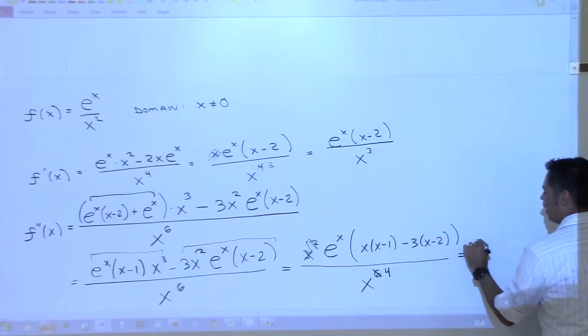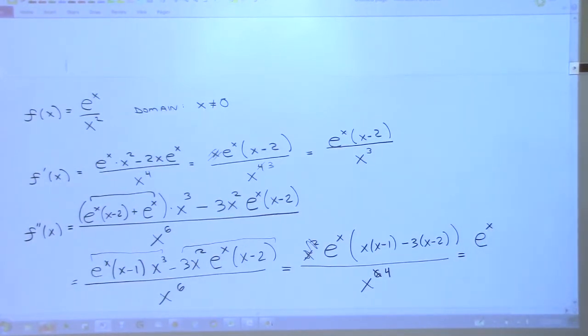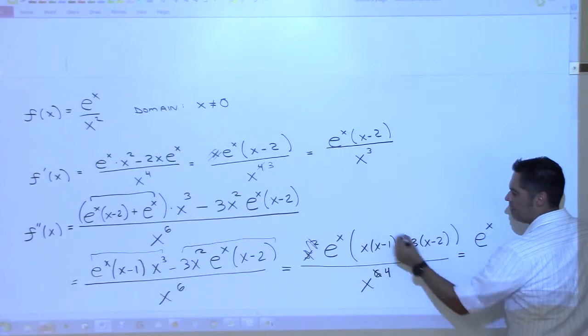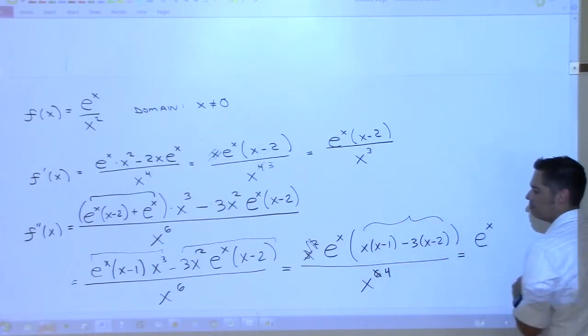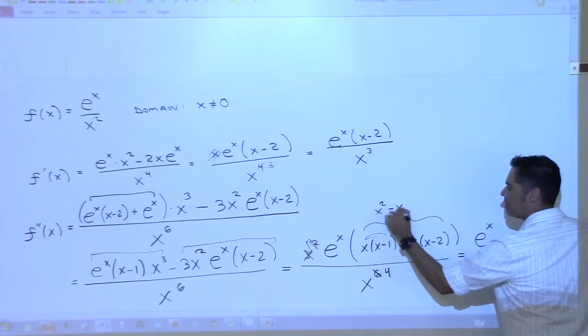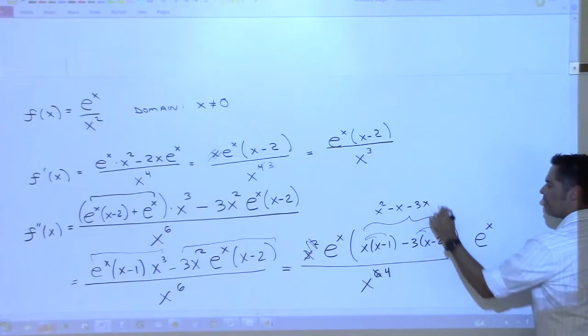Remember I said we could do the raw derivatives, but at some point you're going to have to be able to manipulate the derivatives? That's today. Okay, so I'm going to clean up the inside of this now. I want to know what all that is. So x squared minus x, and then what? Minus 3x plus 6.